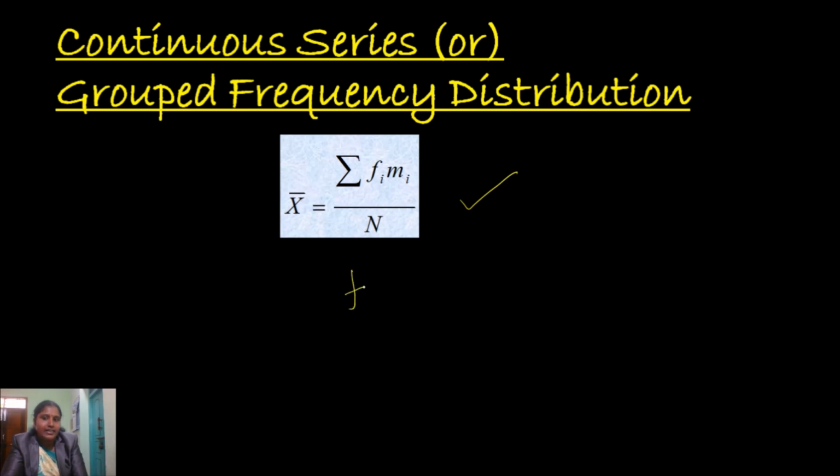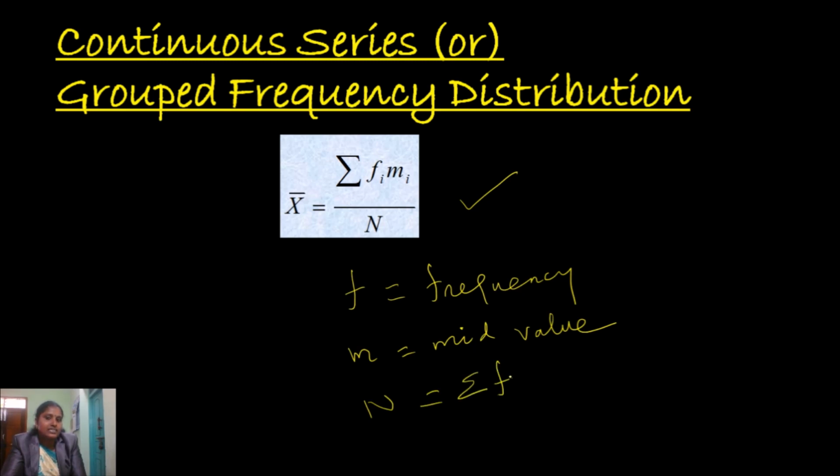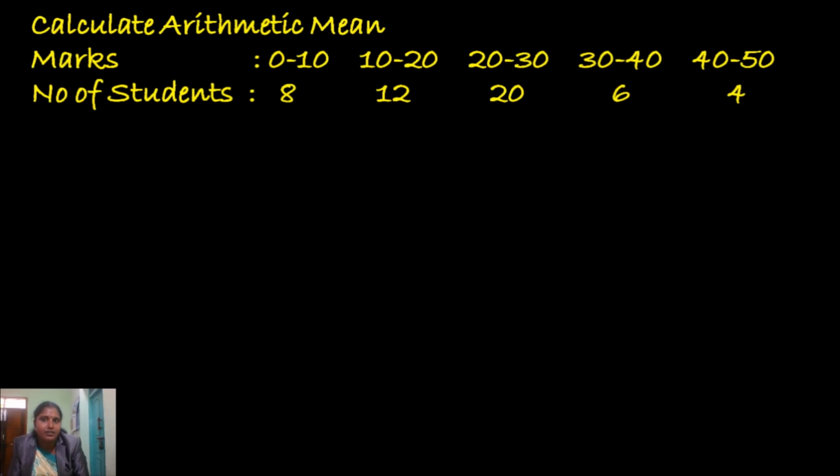As usual, f represents the frequency of each class interval and m represents the mid value of each class interval. n is the sum of all frequencies, that is the total number of observations. Now let's calculate the arithmetic mean for the given set of data.